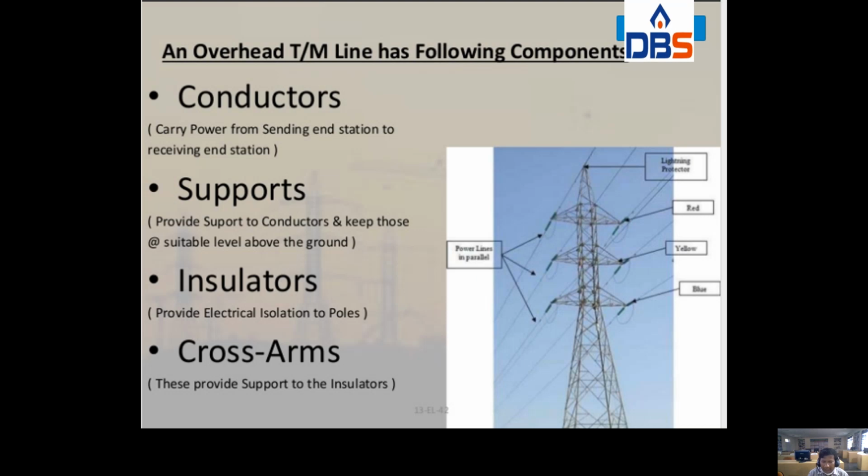Insulators provide electrical insulation between the conductors and the tower or earth, providing electrical isolation to the poles mainly. Next, cross arms. Cross arms provide support to the insulators.